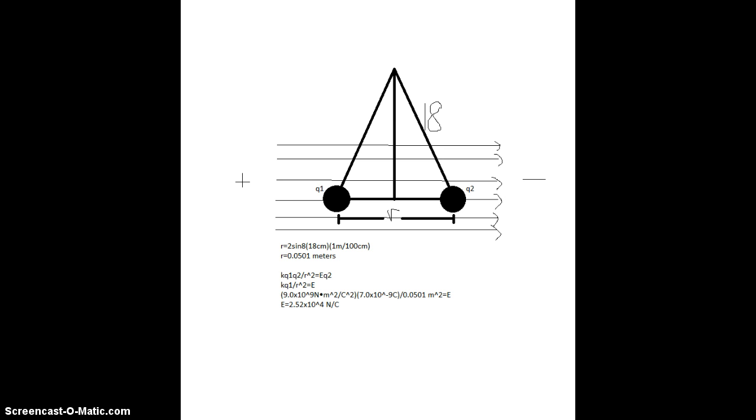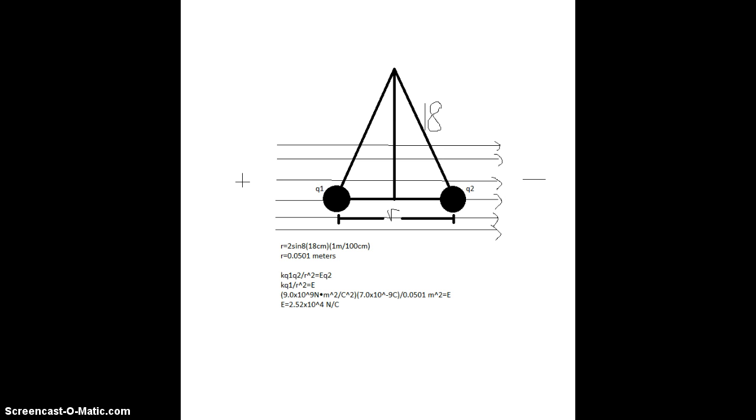So knowing that, we can set up the equation k q1 q2 over r squared is equal to EQ, which means that the force exerted by Q2 on Q1 is equal to the force exerted by the field on Q1. And so we just find all the values that we need.